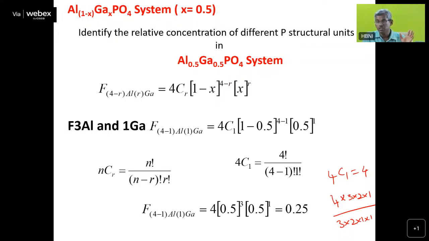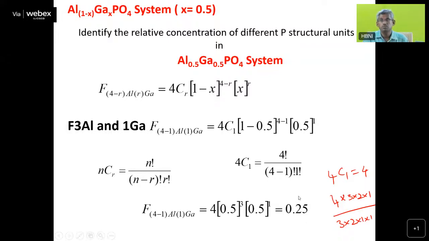If you take aluminium as white balls and gallium as black balls, put them in a box, and shake it very well, you can find out how many aluminium will have gallium as near neighbors by this expression. So you can see here the fraction of aluminium with 3 aluminium and 1 gallium as near neighbors is around 0.25. Hope things are clear to you.